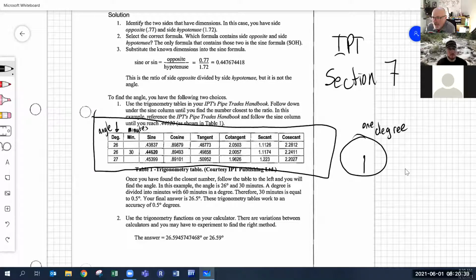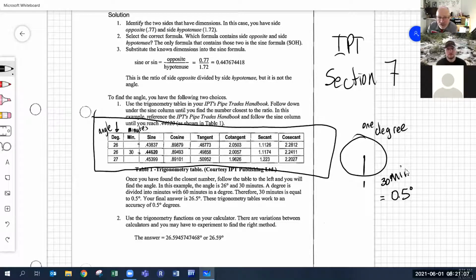And so if you have a clock face at half, we call that 30 minutes, and 30 minutes is equal to 0.5 of a degree, or a half of a degree. So this is just a little base on this. We don't normally go more than a half a degree on any one of these.